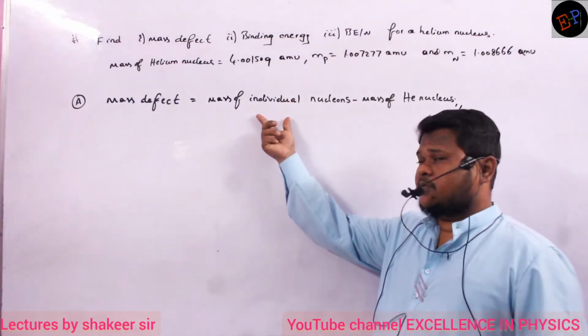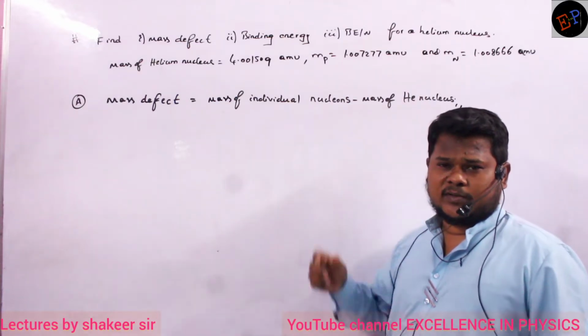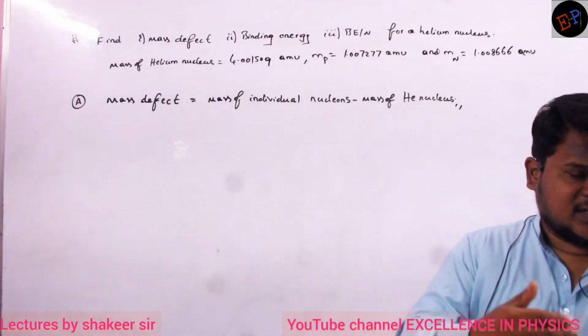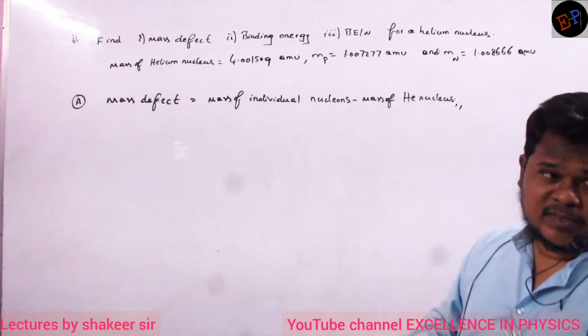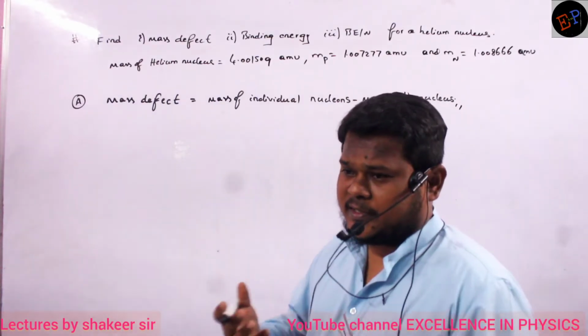Because the mass of individual nucleons is always greater than the mass of the nucleus. That difference of mass is the mass defect, the mass which has converted into energy.